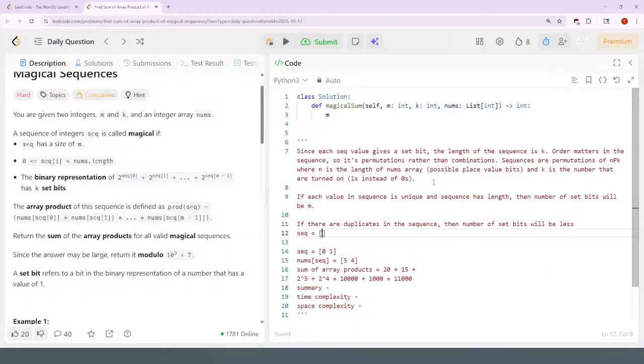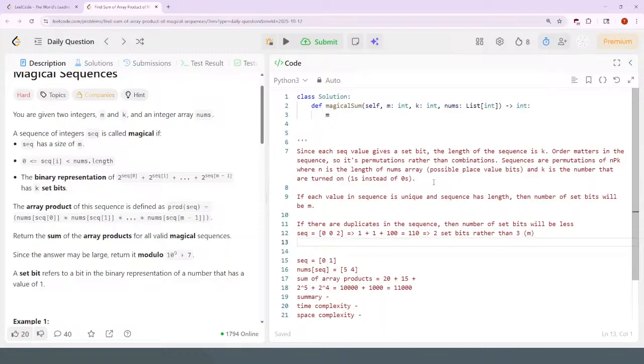If the sequence is like 0, 0, 2, the binary version would be 1 plus 1 plus 100, which equals 110, which is 2 set bits rather than 3, which is M.